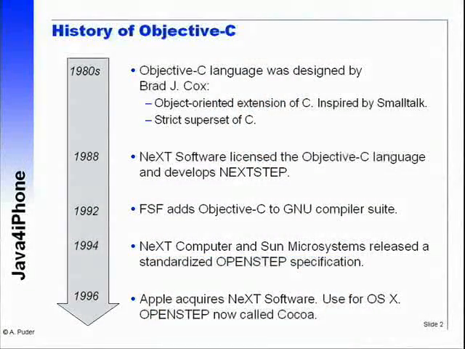Then in '96, Apple acquires NeXT Software, and ever since, Objective-C is heavily used inside of Apple. So Mac OS X is based on Objective-C, and OpenStep is now called Cocoa. It's the GUI library used for developing Mac applications and also used to develop iPhone applications.